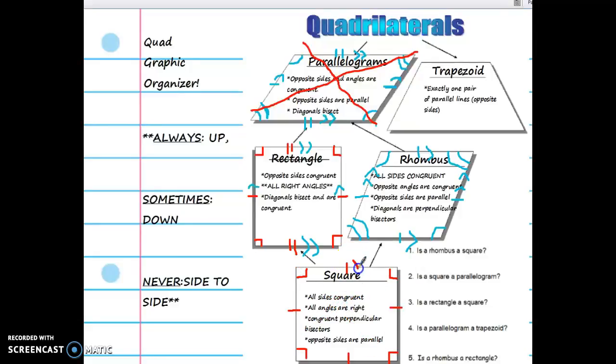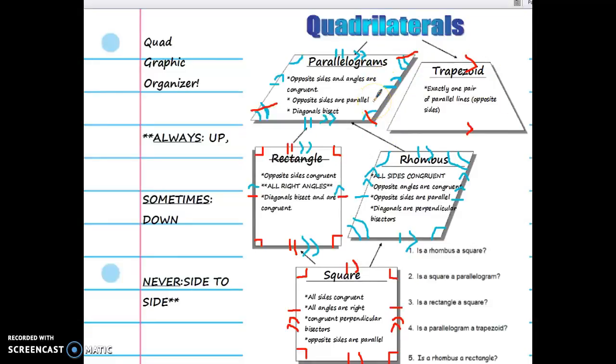And finally, opposite sides are parallel. So what you should notice is some of these different attributes are repeating on each shape. Okay, and with the trapezoid, we have these two sets of lines, these two opposite sides that are parallel.